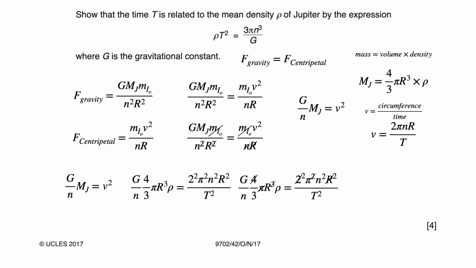So what I have here, n cube in the denominator, okay, and then this side what I have here, if I move that, 3 pi n cube divided by g. That's exactly the relationship they asked us to prove. Done. Nice job. Yes, okay, let's move to the next question in the next page.